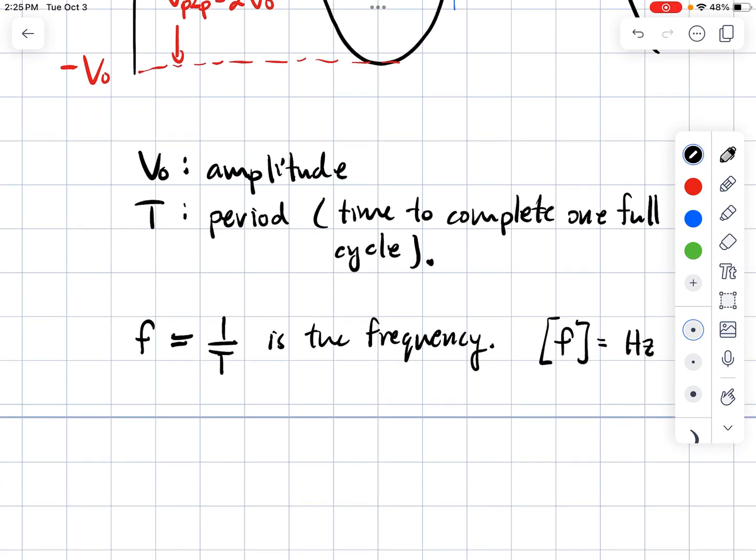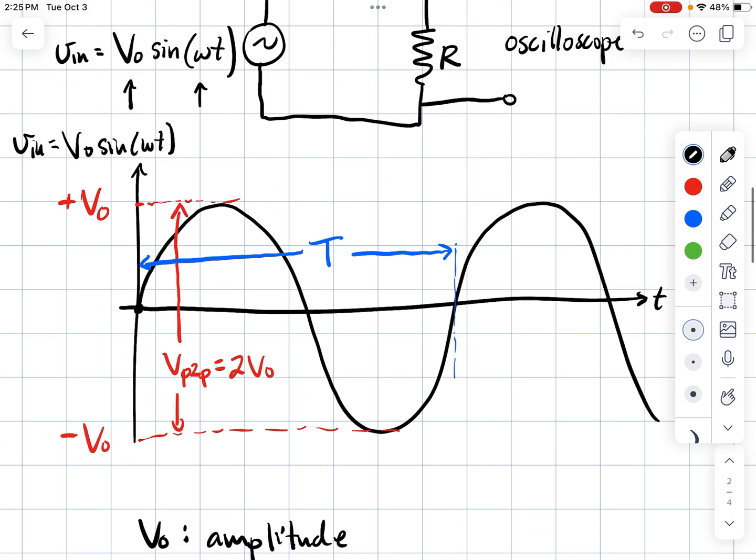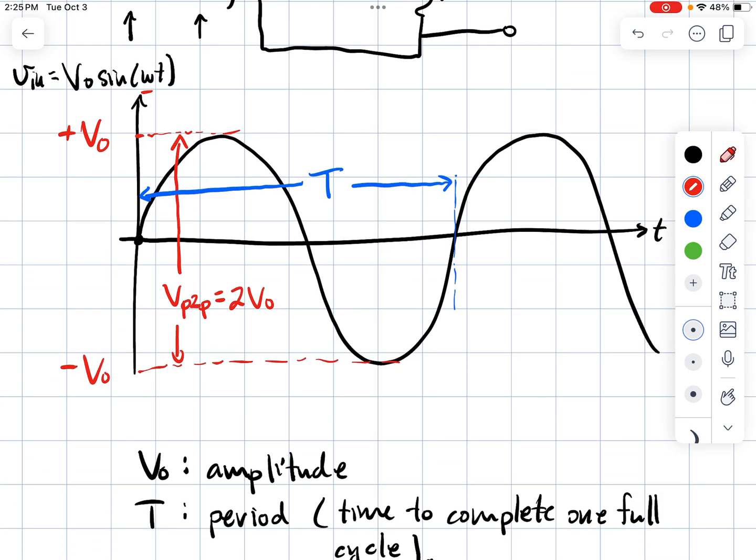The angular frequency is 2 pi times f, which is equivalently 2 pi divided by the period. And so this is the angular frequency. When I write down omega in sine omega t, omega is really 2 pi divided by the period.